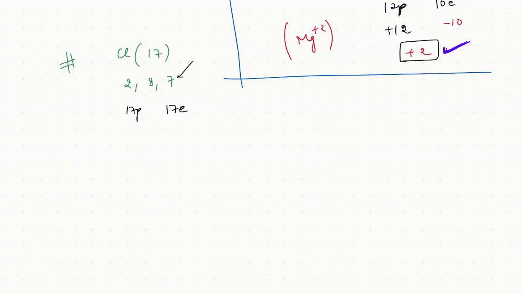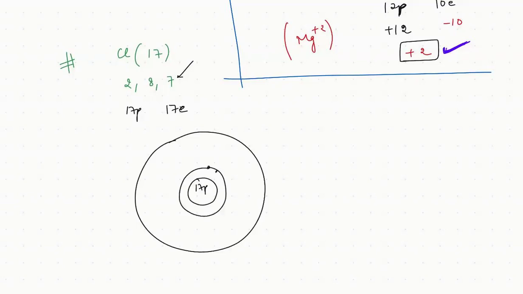Understand? Because again, it wants its shell to have 2, 8, and 7, then it would want one more electron here. Are you understanding?